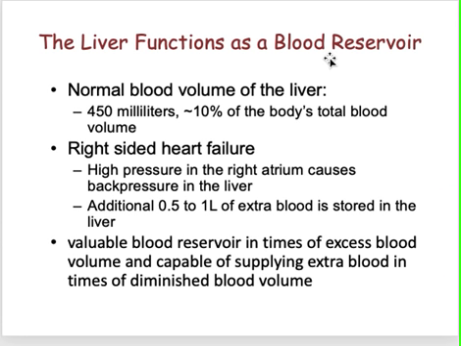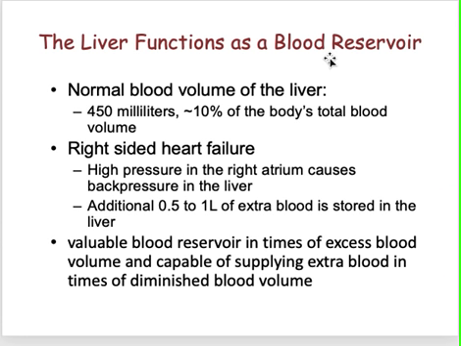So some of the venous return from the body, instead of being pumped into the pulmonary circulation to be reoxygenated, backflows. It cannot be returned. So the venous return stays back because of the high back pressure in the right atrium, and this causes back pressure in the liver. The venous return from the liver cannot go back into the system. So when this happens, an additional 500 ml to about a liter of extra blood is stored in the liver.